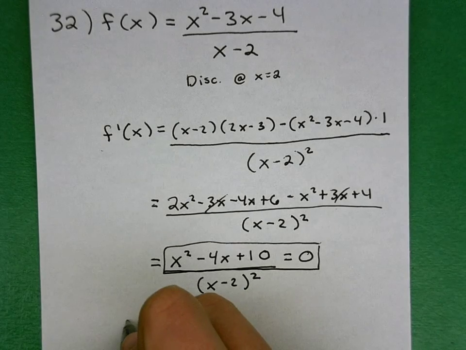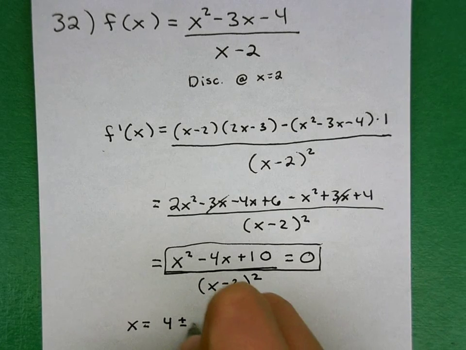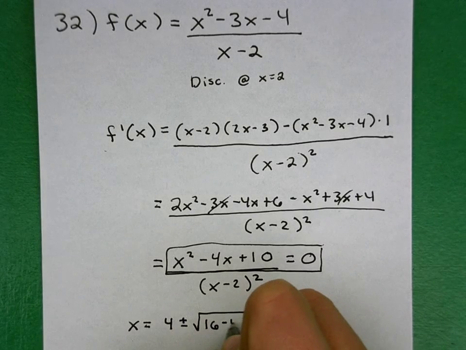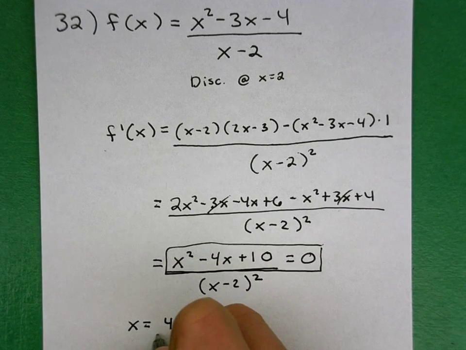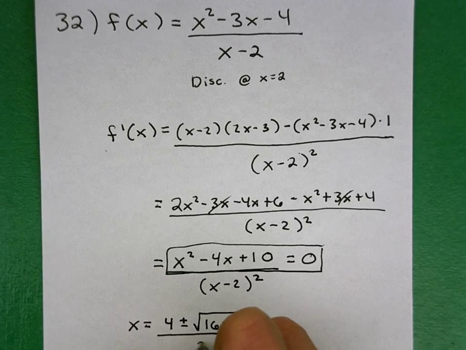Okay. So we've got x equals negative b plus or minus radical b squared minus 4ac all divided by 2a.